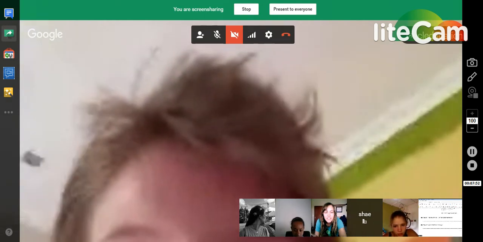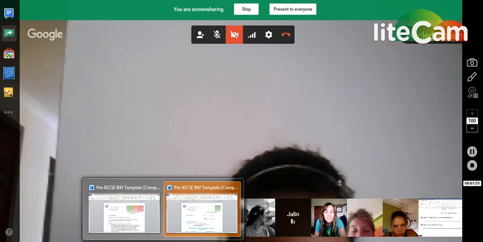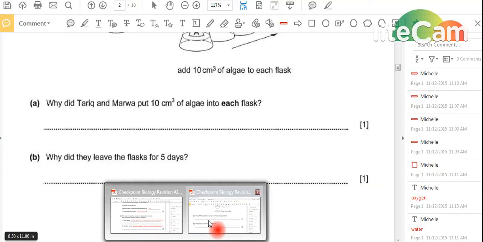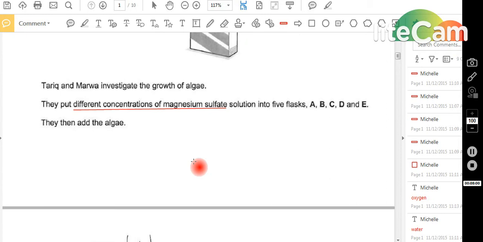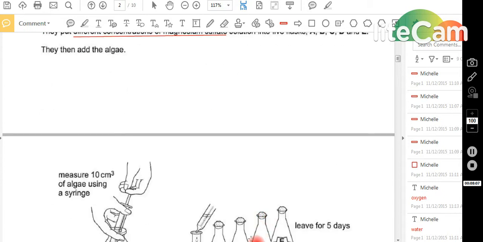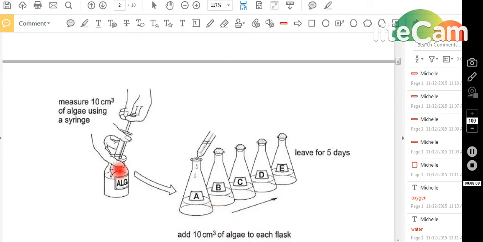What were in the different flasks? Yes, in those flasks there's different concentrations of magnesium sulfate that they've put in there. And then into each one of those different concentrations, they put 10 centimeters cube of algae.